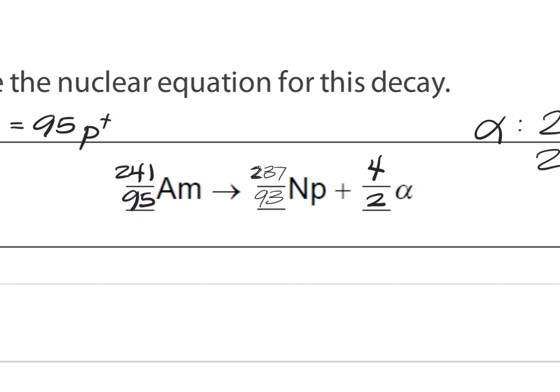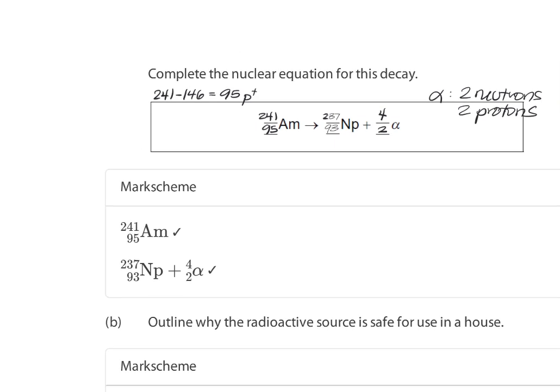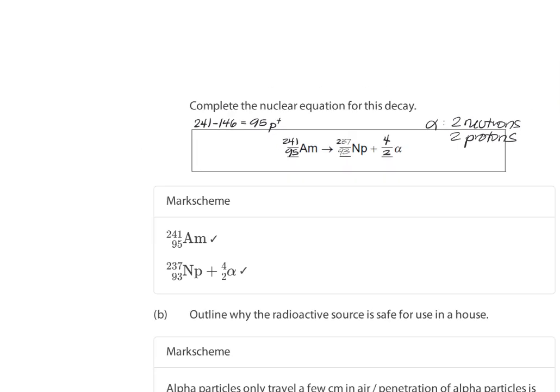Since the alpha has 4 nucleons, and americium has 241, the difference is 237. And then for the protons, americium is 95, and the alpha has 2, so neptunium must have 93. And so that fits with the mark scheme.